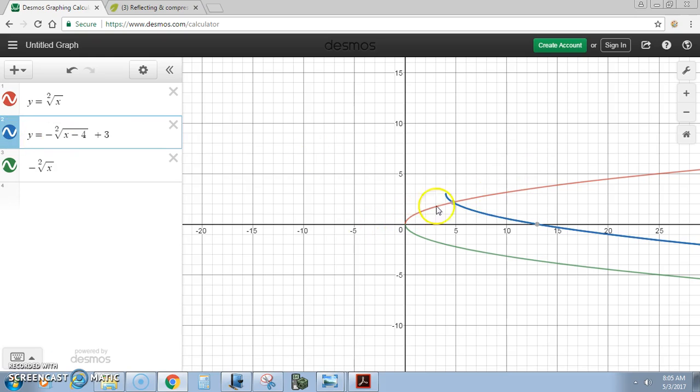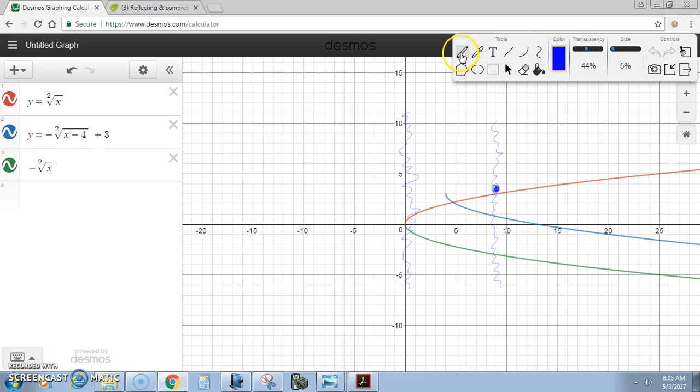So the first thing, I took this red line, I flipped it over, then I have the green line, then I moved that over and up right there. The green line over and up, but I flipped it over first, to be here. And that's how I got the new function. So it'll make sense when you see it. I think it's the last question on the test.